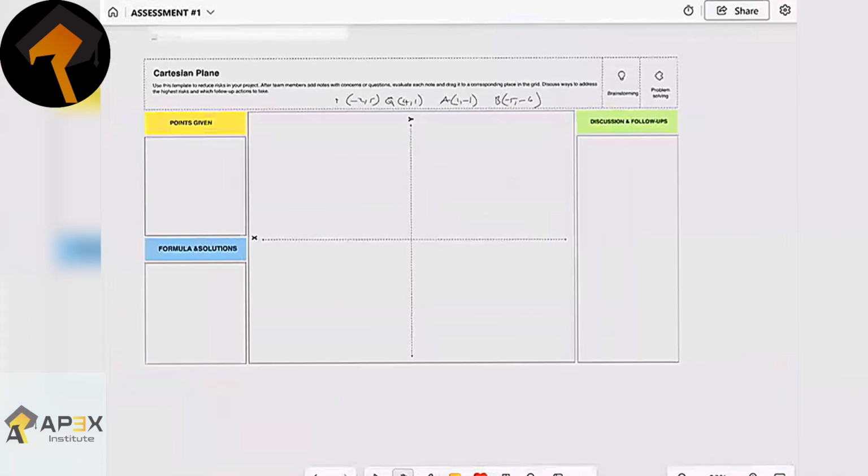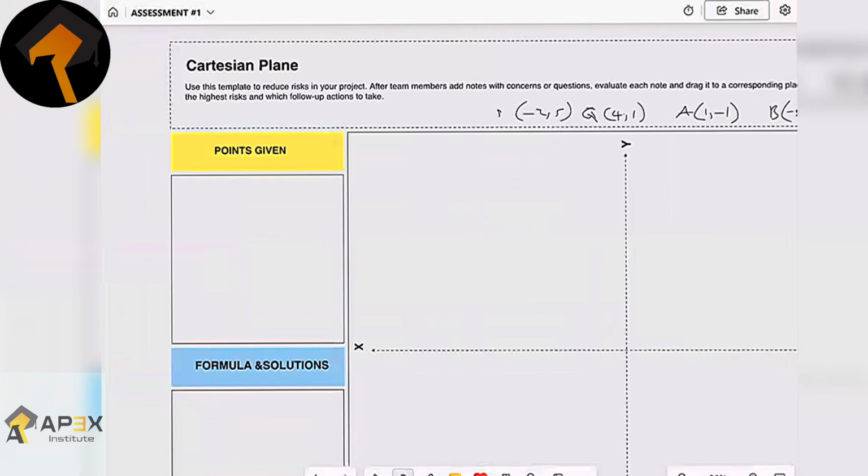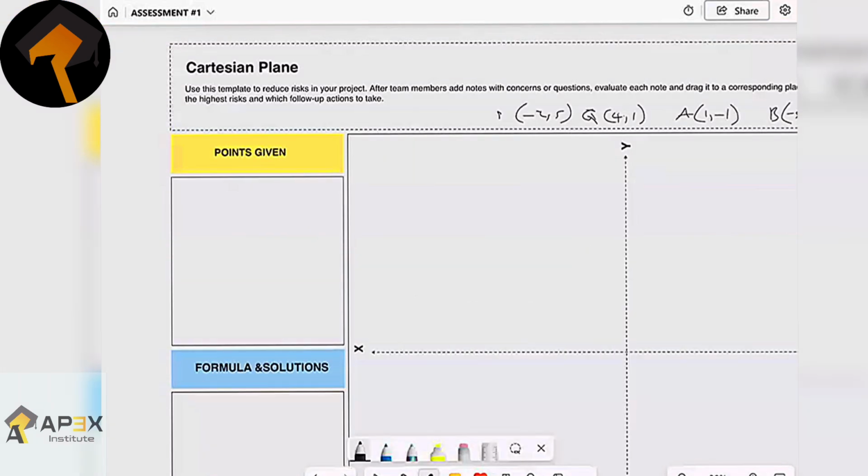I'm just going to go over here and plot in those points right here. So I made a section where I could put the points. P is going to be equal to -2, 5. Q is equal to 4, 1. And then we have A, which is equal to 1, -1.